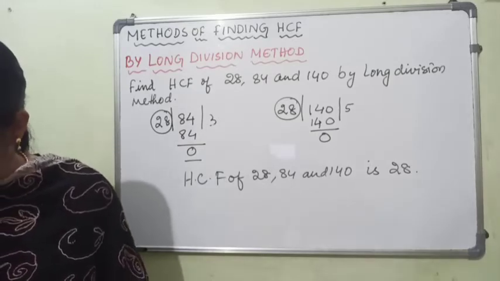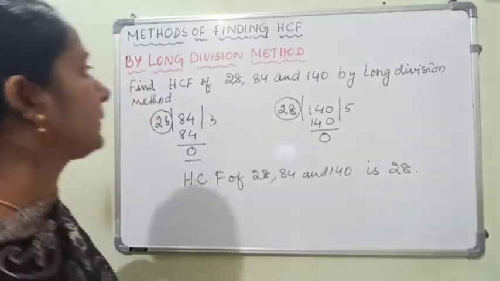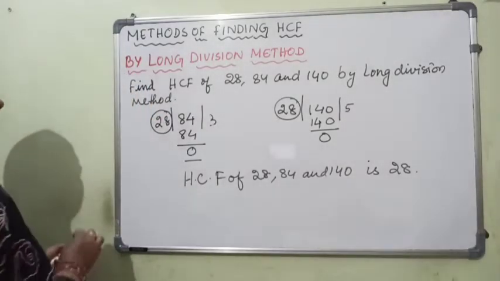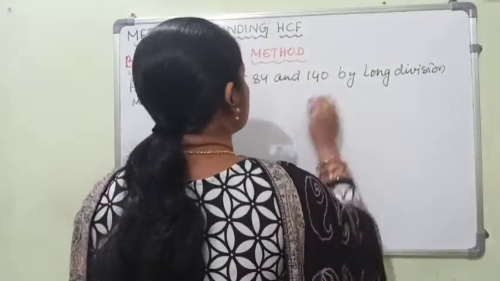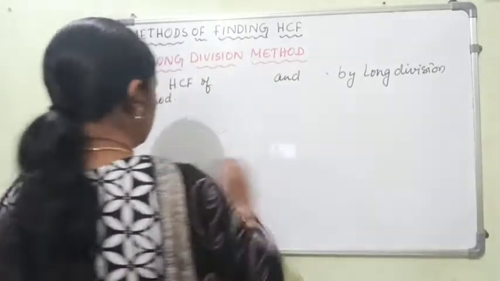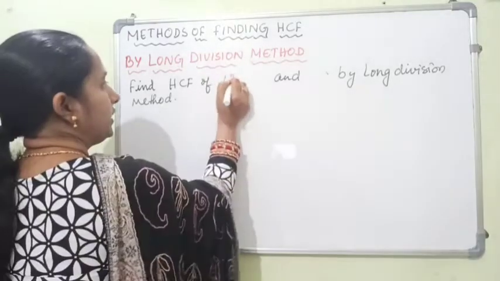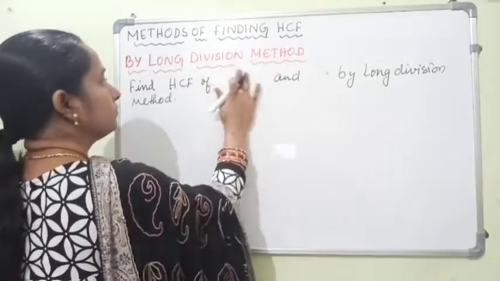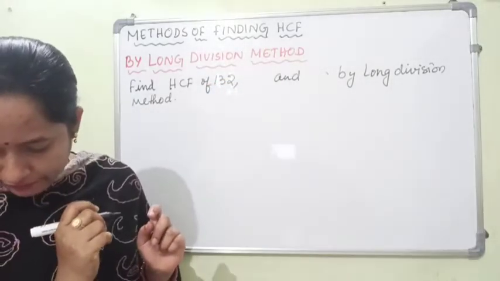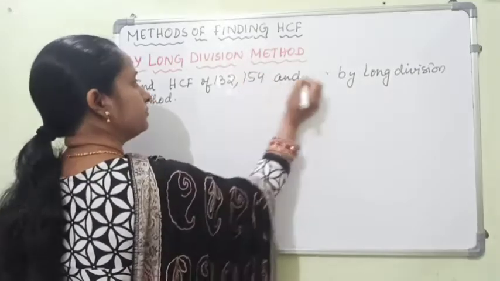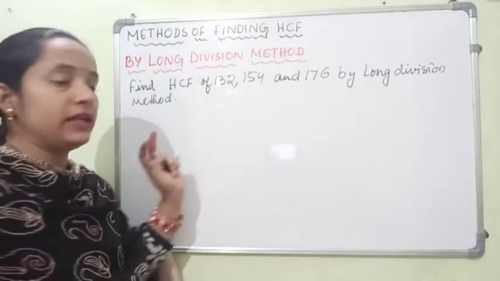So let me take another set of numbers to find their HCF by the long division method: 132, 154 and 176. Let us find the HCF by the long division method.